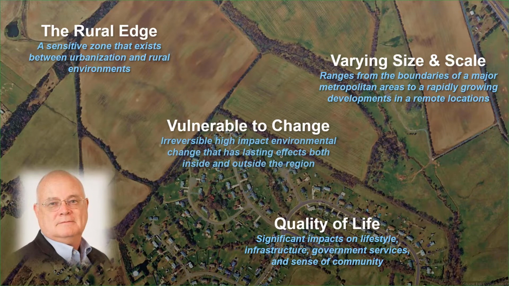It also can present significant impacts on the infrastructure that is needed to support the change, as well as the government services that are involved with trying to manage the change. And as you can see in this slide alone, imagery is a great way to visualize that rural edge.